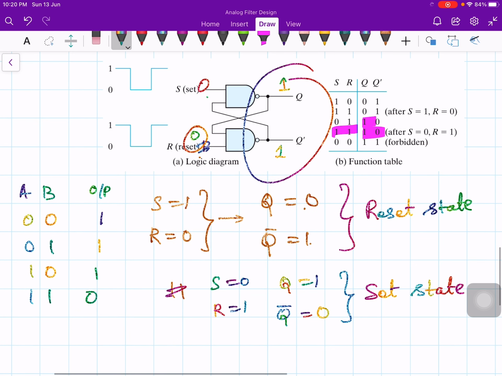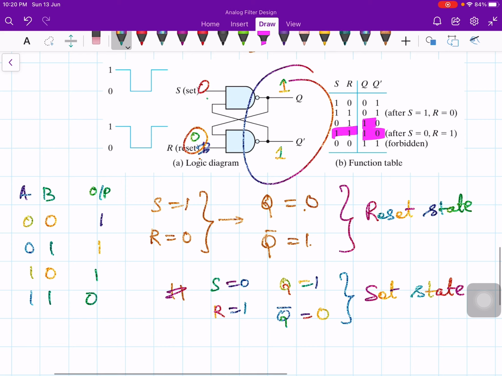Here both inputs equal to 1 are allowed, but if you apply 0, 0, that is not allowed in the NAND gate. Therefore this is the forbidden condition. So in the NAND gate construction, both inputs being equal to 0 at the same time are forbidden. So this kind of combination should be avoided.